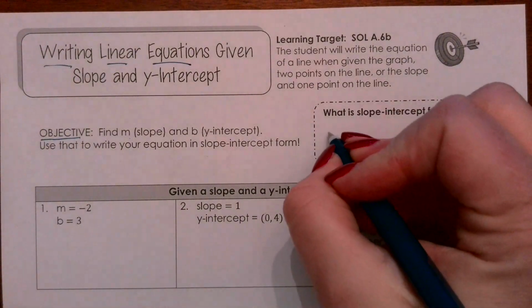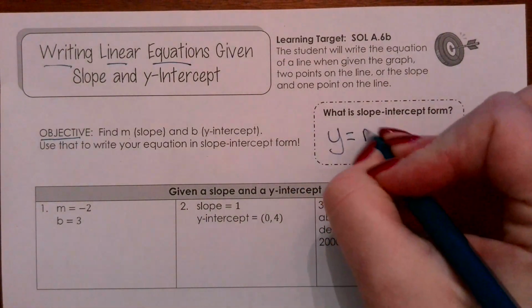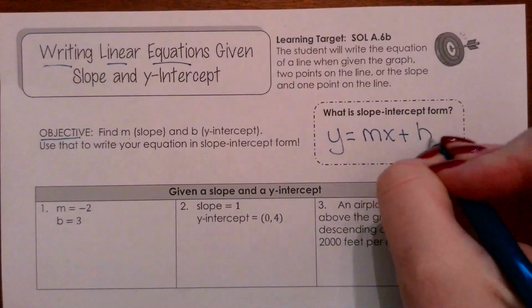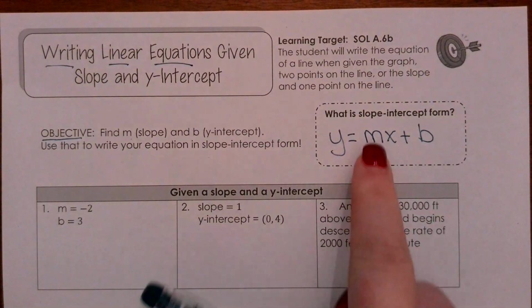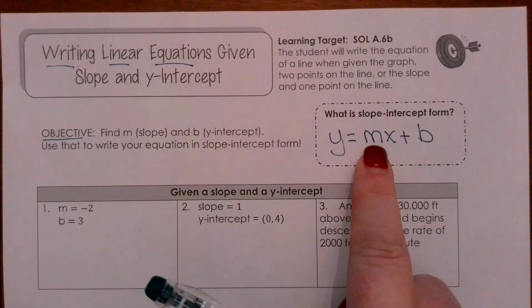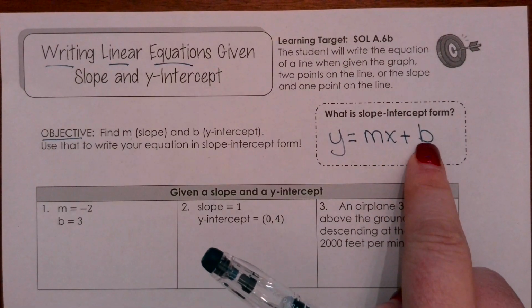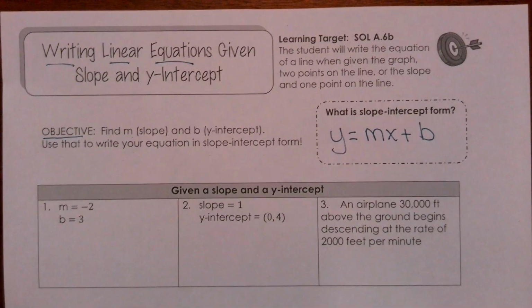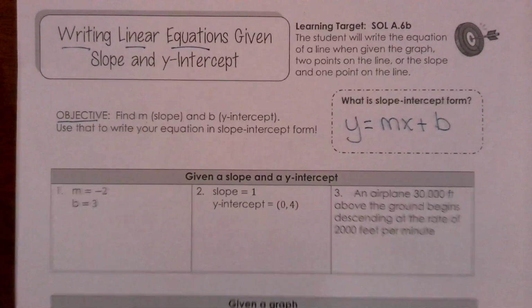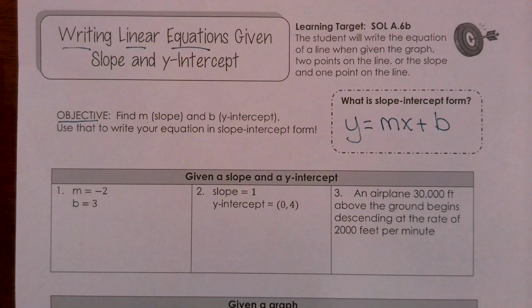If you remember, slope-intercept form is y equals mx plus b. So if I find m and I substitute it in, and I find b and substitute it in, I will have a linear equation. So let's look at this first example. In example number 1, I'm given the slope m equals negative 2, and I'm given the y-intercept b equals 3.